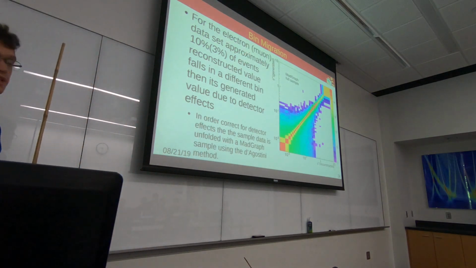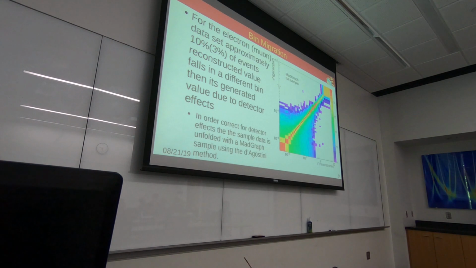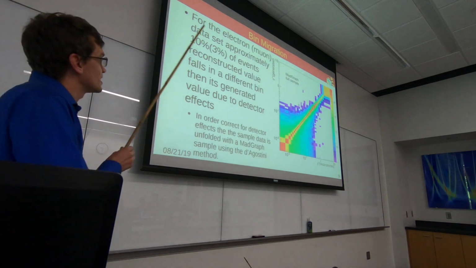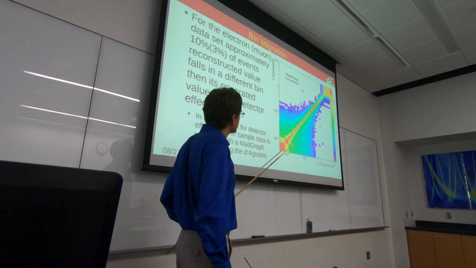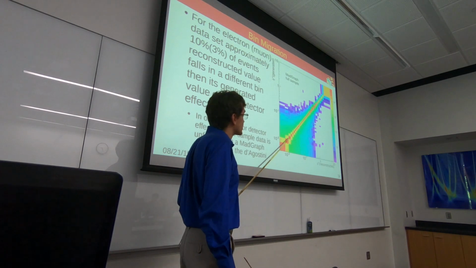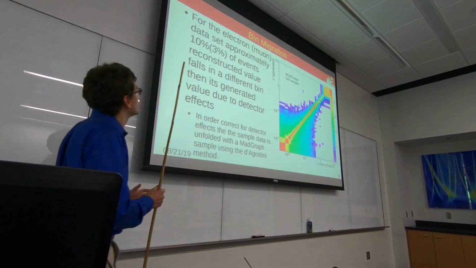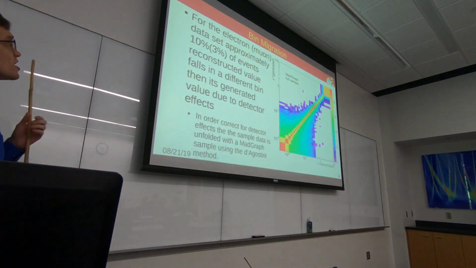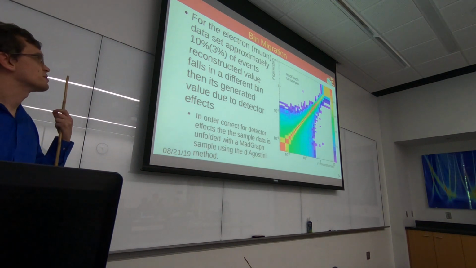We use this to unfold the data using the D'Agostini method. We can see here that even in MadGraph, the majority of events fall in the correct bin. However, about 10% of events reconstructed fall in a different bin than they were generated.